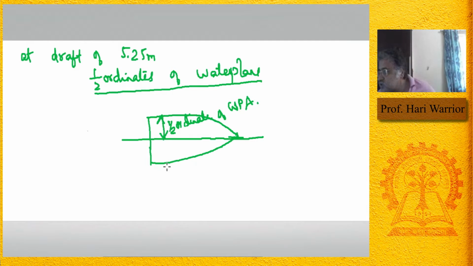Once you have, they are giving the values of the half ordinates of water plane. So basically half ordinates of water plane will be given in terms of what? Suppose I have to give something x half ordinate of water plane, what will be x?